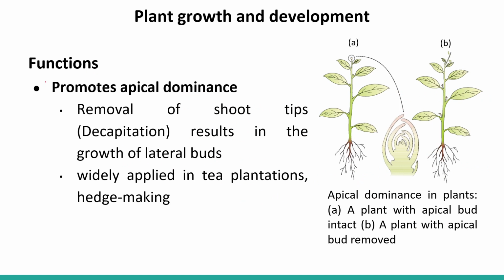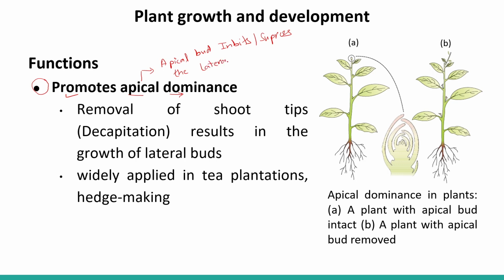Another important role of auxin is that it promotes apical dominance. You have to remember this. Now, what is apical dominance? Apical dominance is when the apical bud inhibits or suppresses the growth of the lateral bud.